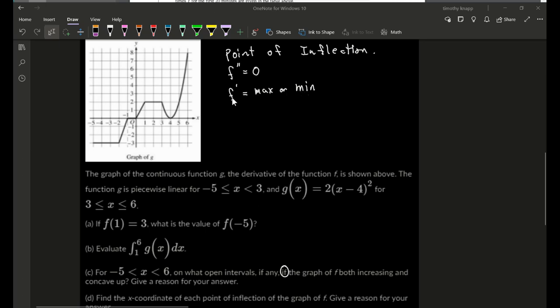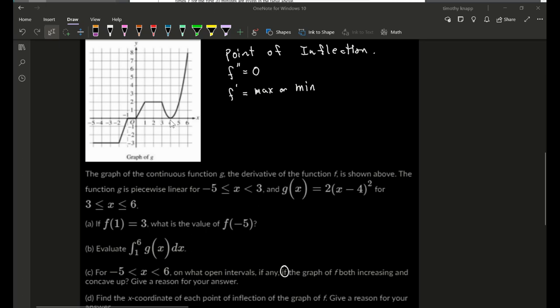Okay, so where f prime has a maximum or minimum, f double prime has a 0. And then by that reasoning, the original function has a point of inflection where f double prime has a 0. So basically anywhere where the first derivative has a maximum or a minimum, the original function will express a point of inflection.